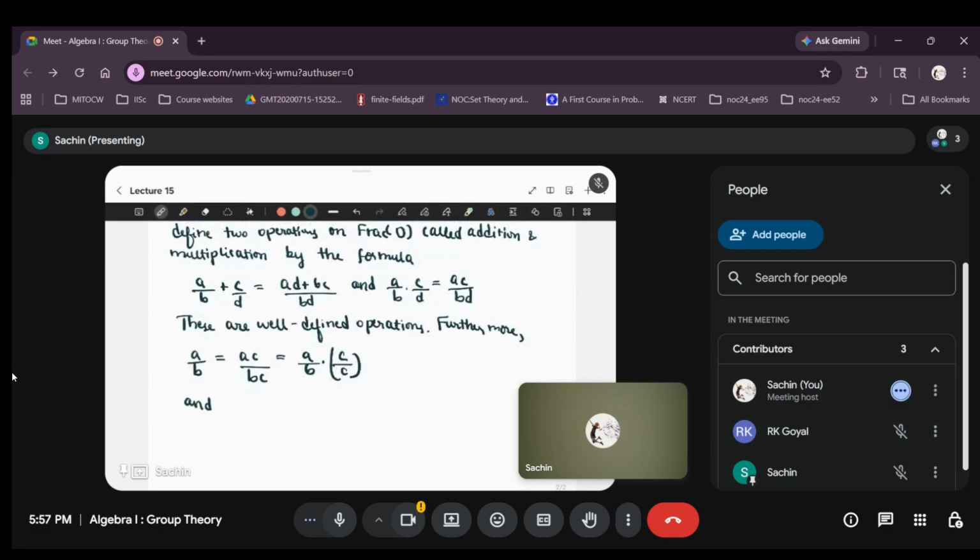And for any c not equal to 0, and a plus d by b is equal to a by b plus d by b.